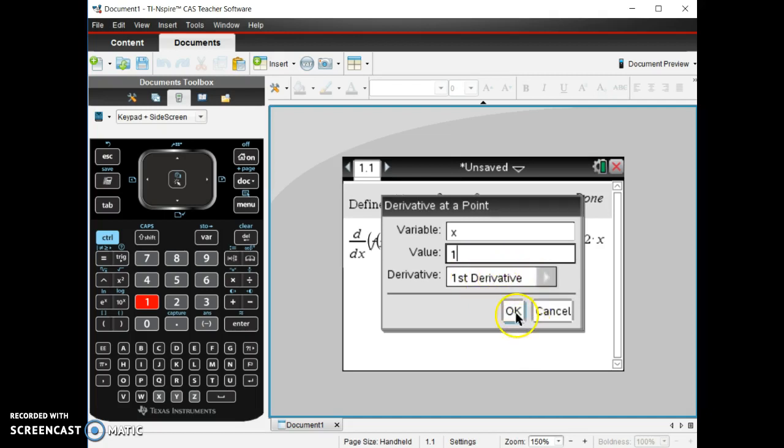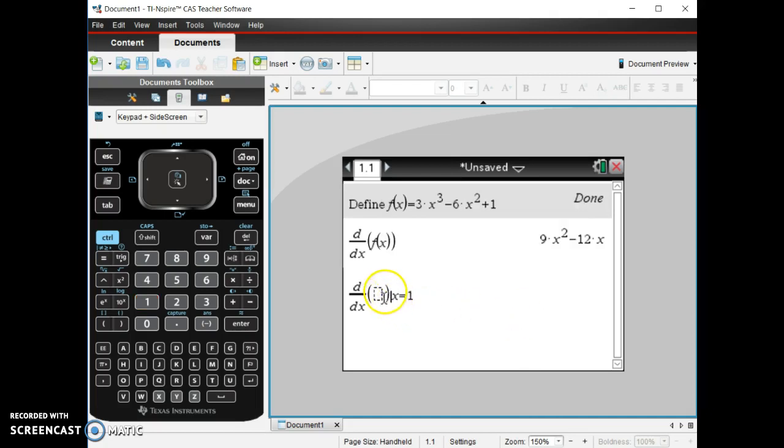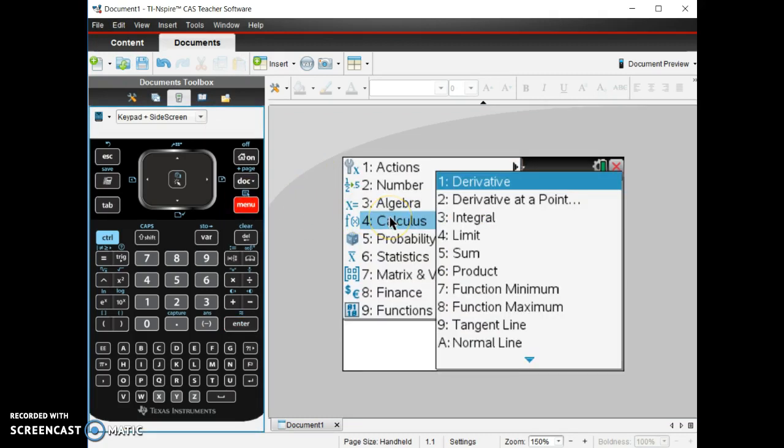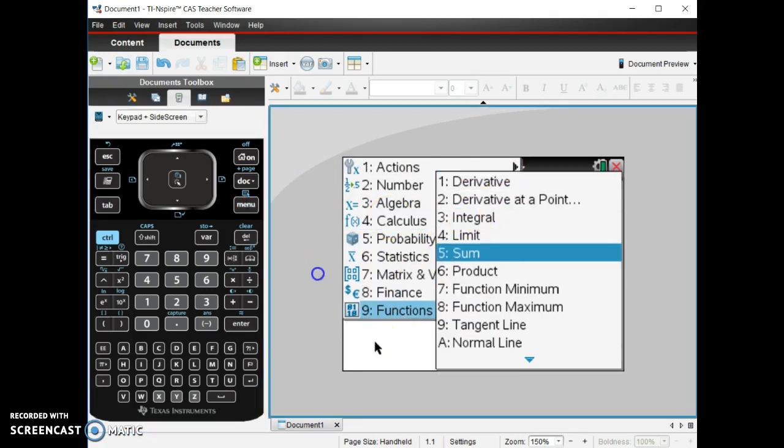We're dealing with the first derivative here, so that's all fine. Again, in this bracket we can just put our function, and then it comes up with x equal to 1 because that's what we've defined. We're looking for the value of the derivative at x equals 1, so we'll get minus 3. That's if you're looking for the value of a derivative at a particular point. Remember, it was Menu, Calculus, Derivative at a point.